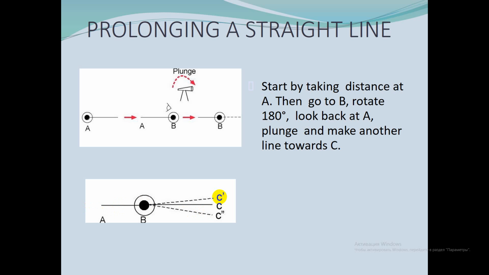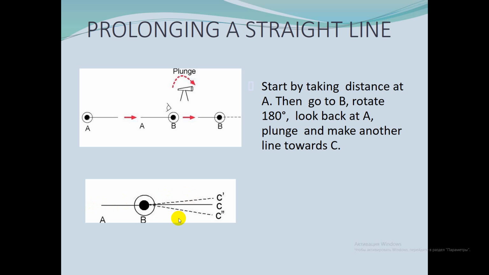The theodolite is revolved back to station A. The telescope is in position reversed to the original setting and a new sighting is made.